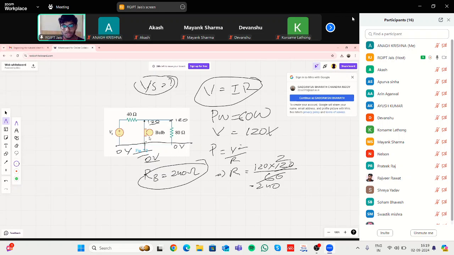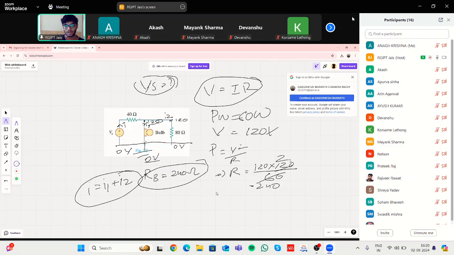Okay. So we know KCL: if we assume that the current passing through Vs is I, then I will be divided into I1 and I2. Our aim is to find I1 and I2.